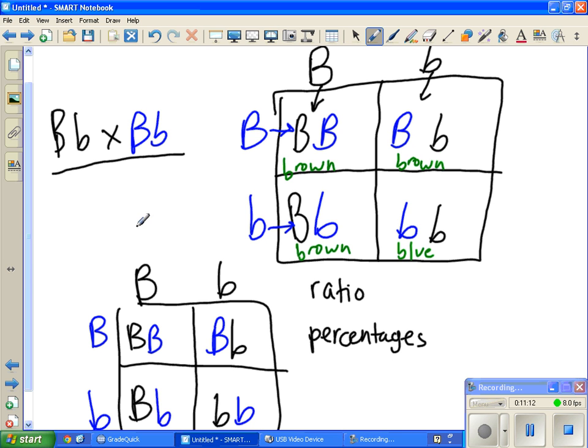So right now, let's just do ratio. If we wanted to say the genotypic ratio of this cross right here with the two heterozygotes, we would count up how many of each genotype we see.